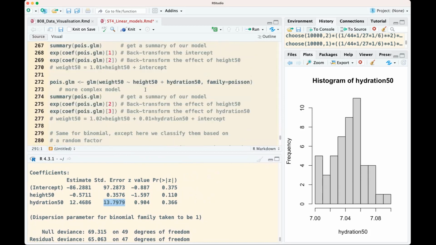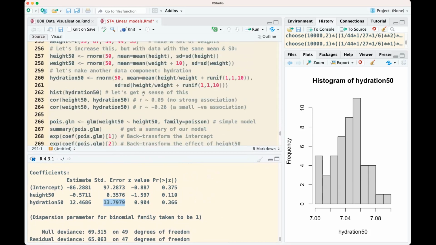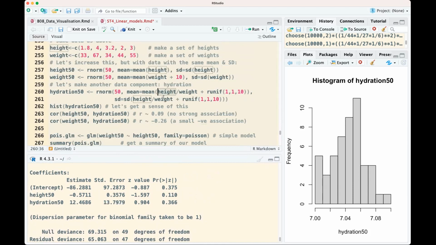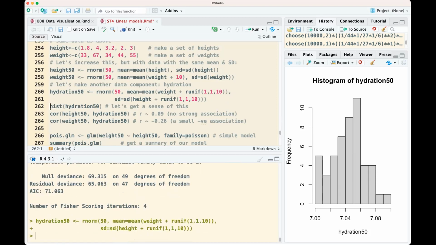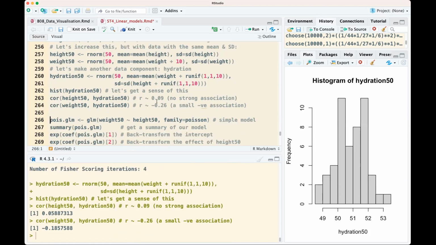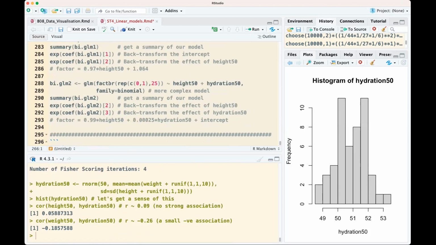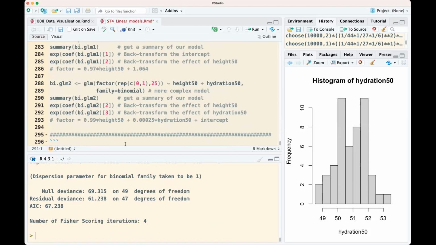If we did change that, we could change hydration to be a stronger function of what we are trying to predict. Let's say the height. And if we try that again, we can see if our model will improve if we include these factors.